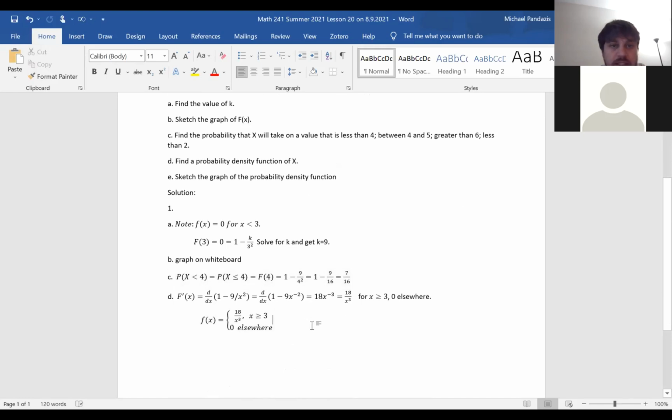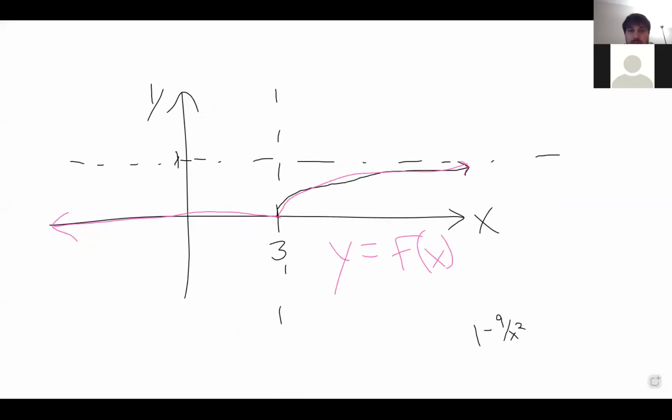Okay, and so that's the E, sketch the graph of the probability density function. So for E, it's on the whiteboard. You have 18 over x cubed for x greater or equal to 3.